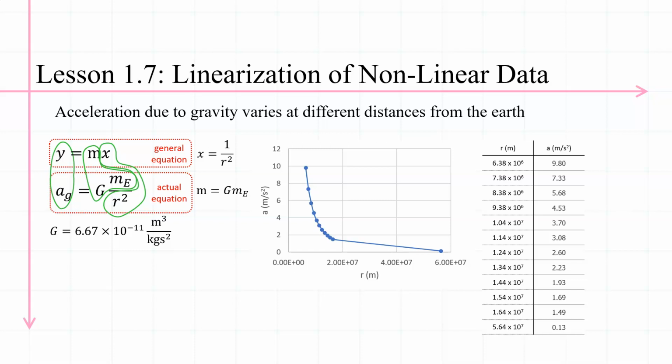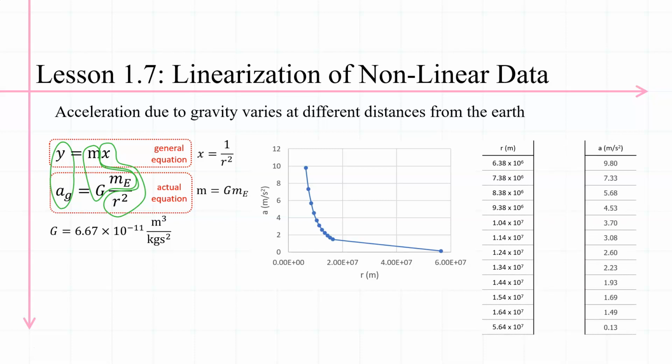Well, instead of graphing a against r, what if I graph a against 1 divided by r squared? So let's calculate those 1 divided by r squared values. I'm just going to put those over here. Notice that they look a lot different. They're much, much smaller numbers. My radii here in meters were very large numbers, and now I'm dividing 1 by those numbers squared.